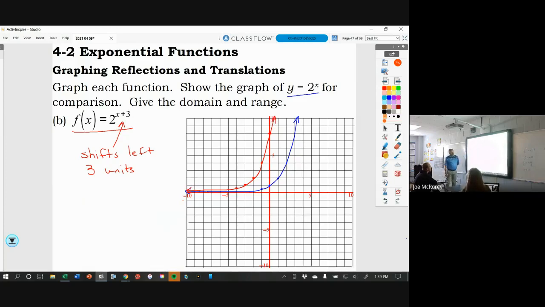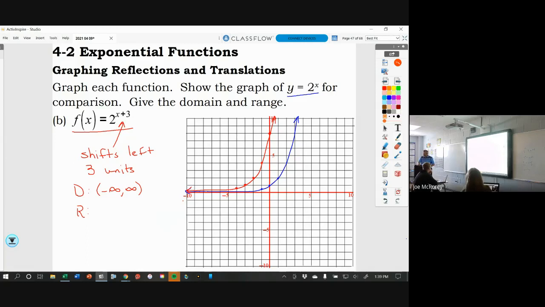Okay. Looking at the red graph, what's the domain? And what would the asymptotes be? Would the red line eventually go onto the blue line, since the asymptote is 0? Can't. The red line will always be above the blue, and neither one of them will ever get to 0. It's still the asymptote.